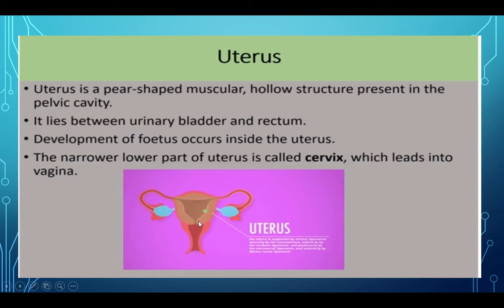And the lowermost part of the uterus is called what? Cervix. So these are the important parts of the female reproductive system. This green color part is the ovary, this is the fallopian tube, this is the uterus, this is the cervix, and this area is the vagina.